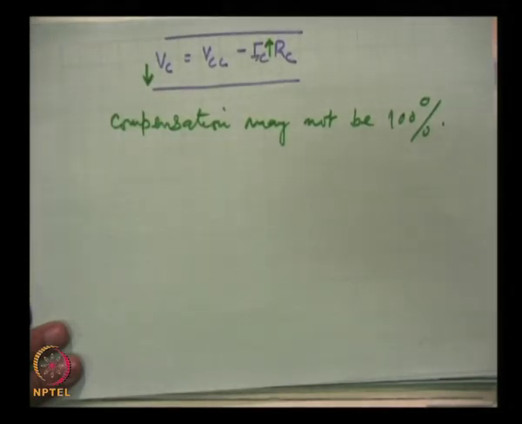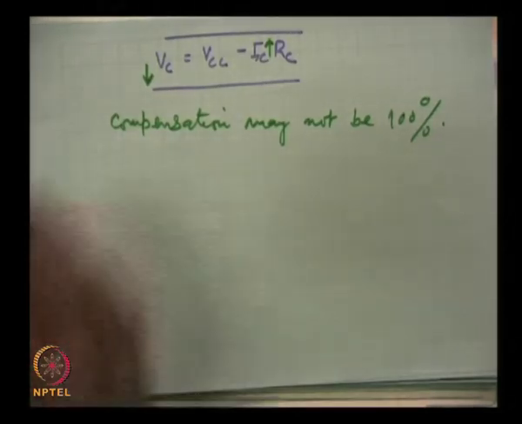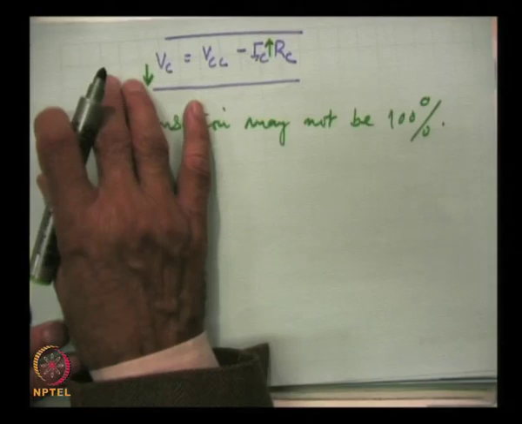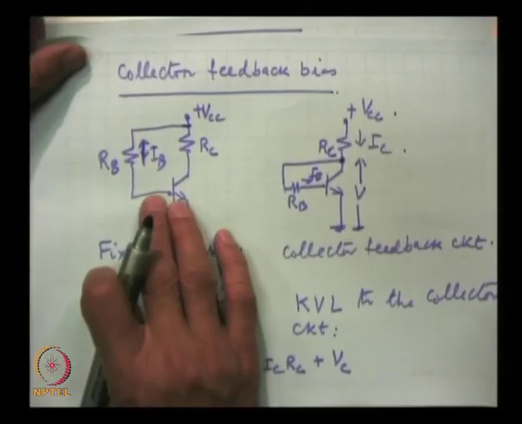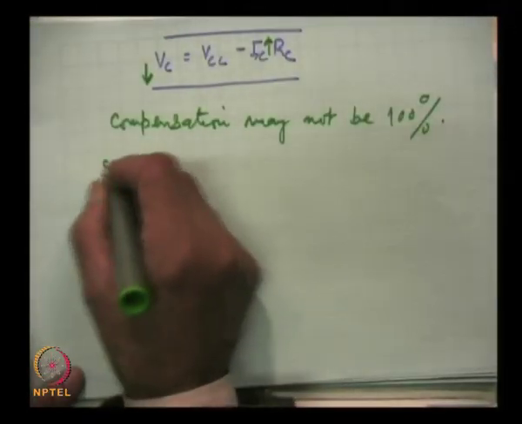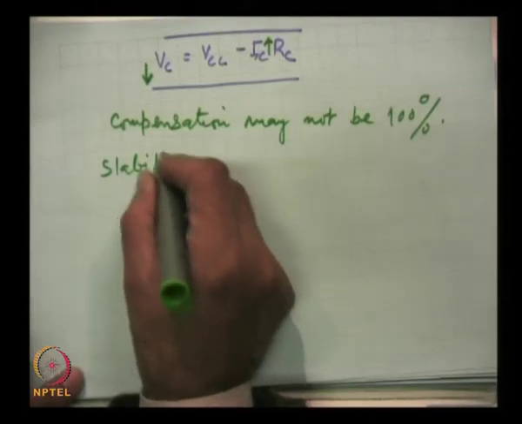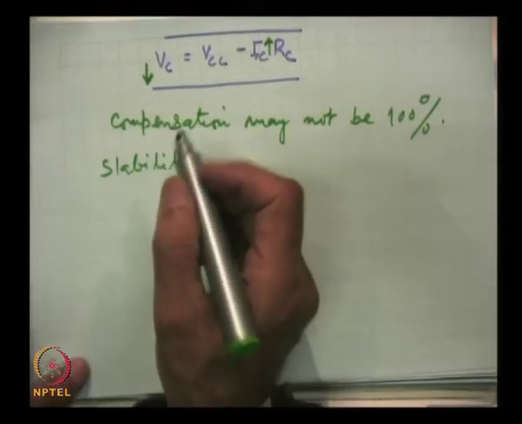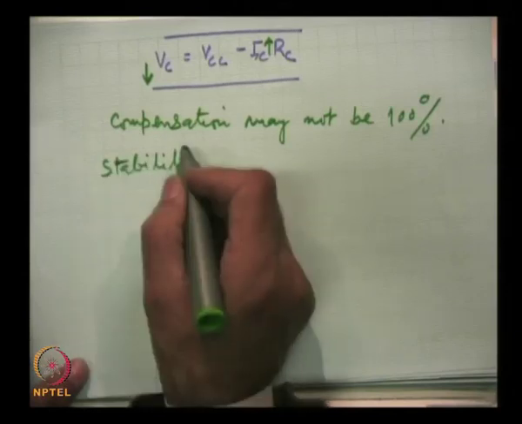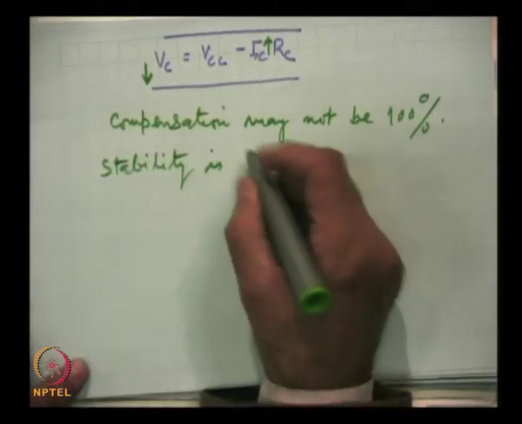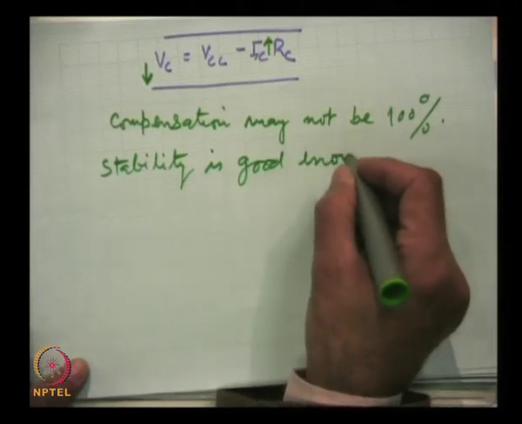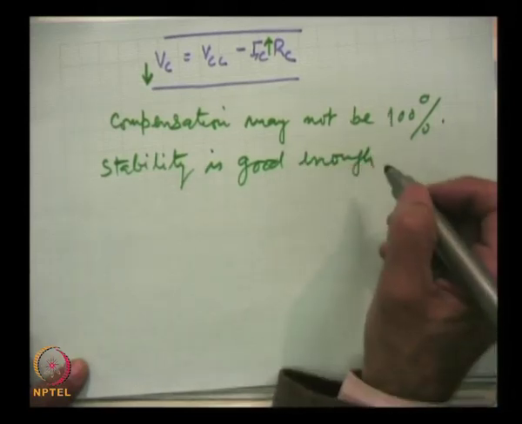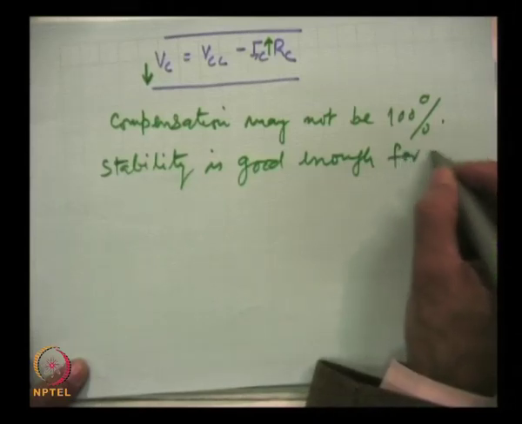And that is the reason it was said that it is much better circuit as compared to the fixed bias. Fixed bias is never used. This is much better circuit, but the stability is good enough for many applications.